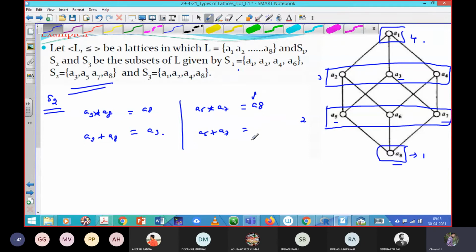Yes, it is right. Next, A5 plus A7 is A3. Yes, A3 lies inside the subset S2. So likewise, you should check between the other pairs also, and then it will satisfy the property of a sublattice. So S2 is also a sublattice. Have you understood this S2 example? Is it clear?